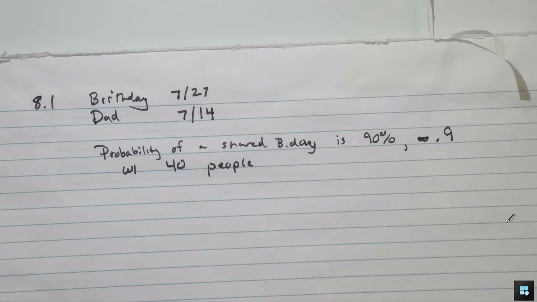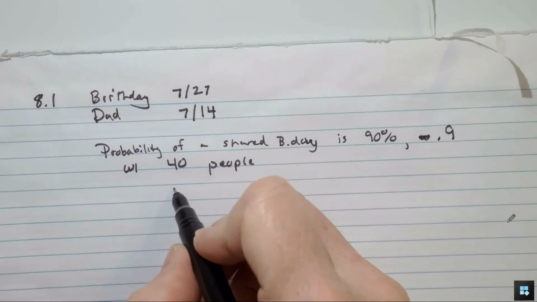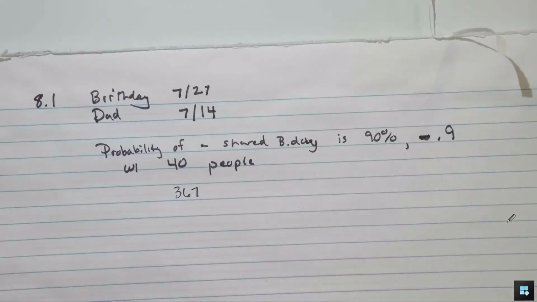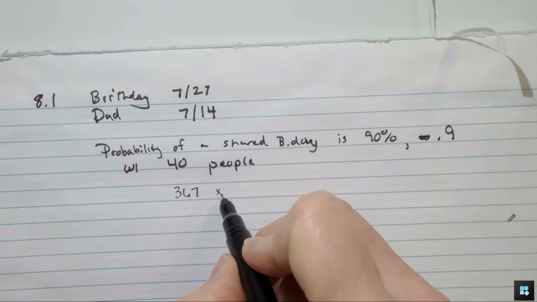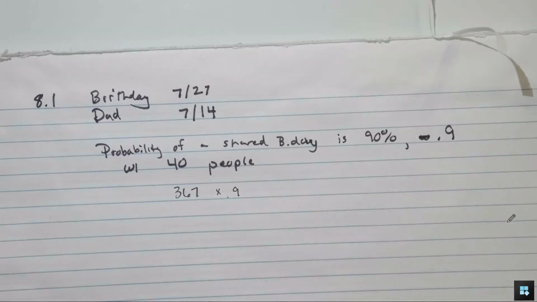So yeah, if you have a big party with 40 people, you can certainly run that by and feel free to bet. But remember, it's 90% probability. Now that seems kind of weird, right? Because you'd think there's 367 to be sure of a birthday, so you'd think you'd need 90% of that.